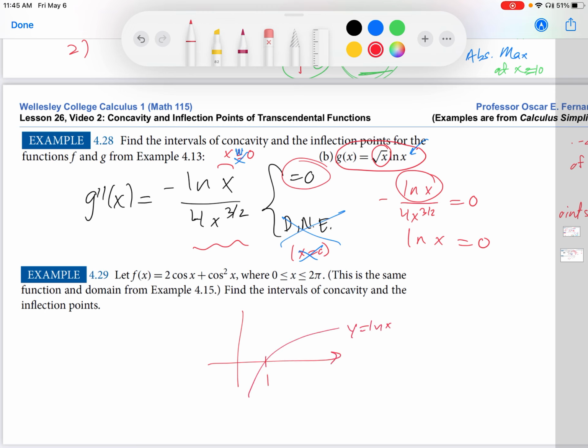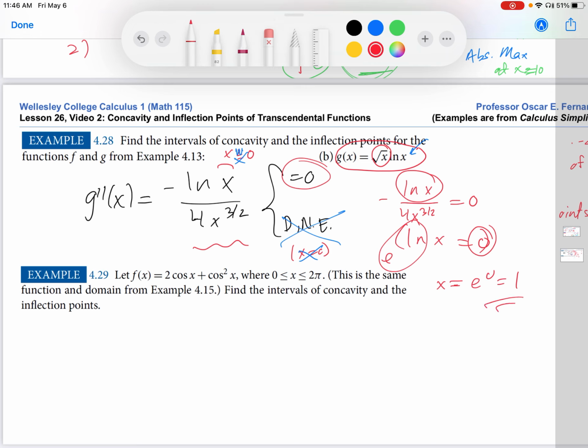And note that at x equals 1, the y value is 0, and it's the only place. Or you could get rid of the natural log by doing the inverse operation, which is exponentiating, and then using the fact that e to the ln of x is just x, and that on the right-hand side, e to the 0 is 1. So a couple of ways you could do this, maybe more, but either way, we get to the same result, which is that x equals 1.